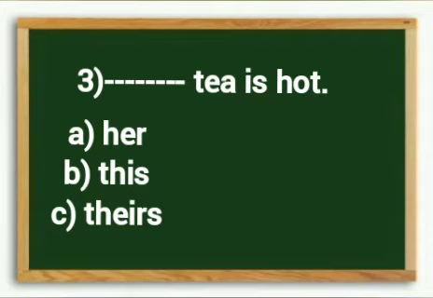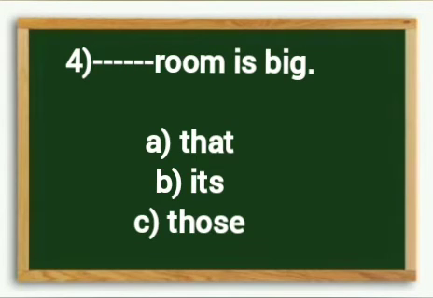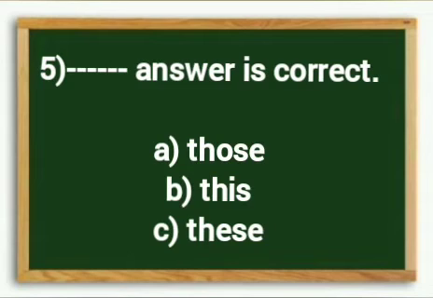Number 3, tea is hot. What is the correct answer? This. Number 4, room is big. What is the correct answer? That. Number 5, answer is correct. What is the right answer?